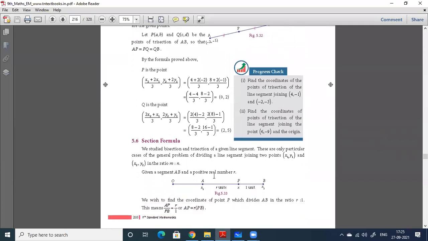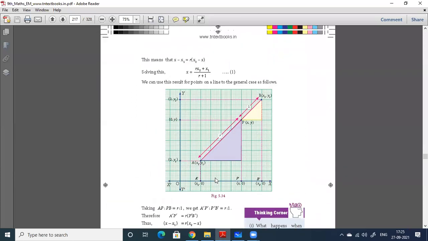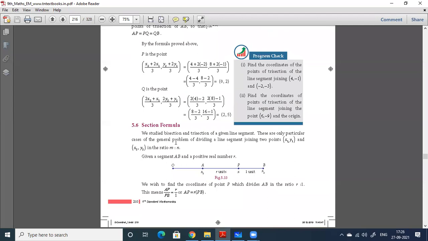How to understand that? See, he is coming with a theory. This theory part is very simple. We studied bisection and trisection of a given line segment. These are only particular cases of the general problem of dividing a line joining 2 points (x1, y1) and (x2, y2) in the ratio m is to n.